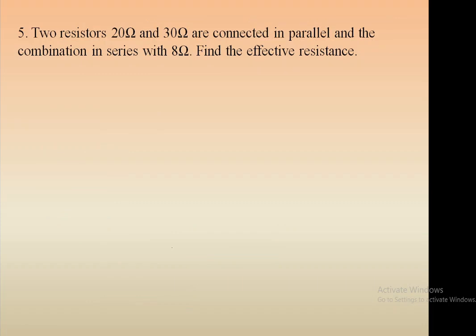Next one, here we have two resistors, 20 ohm and 30 ohm, connected in parallel, and that combination in series with 8 ohm. Find the effective resistance. So R1 is equal to 20 ohm, R2 is equal to 30 ohm, and R3 is equal to 8 ohm.